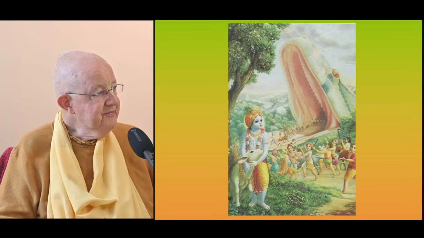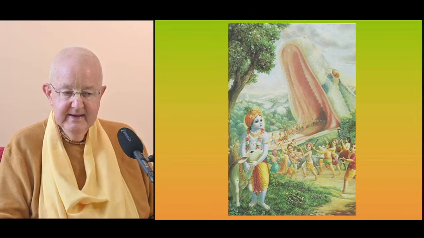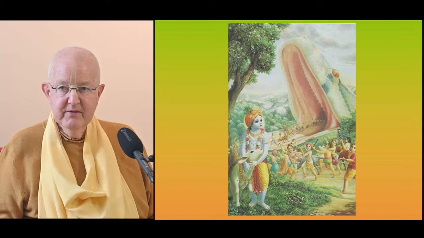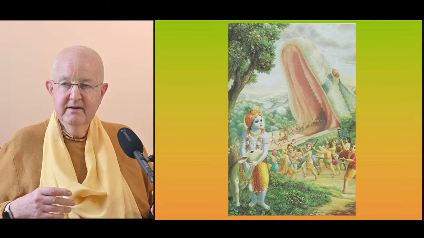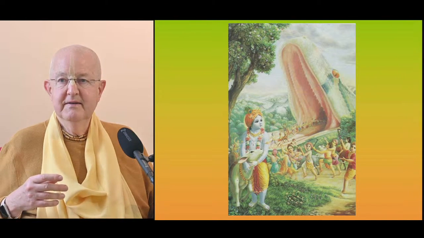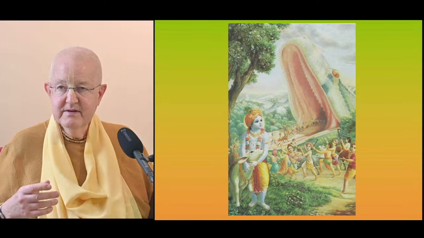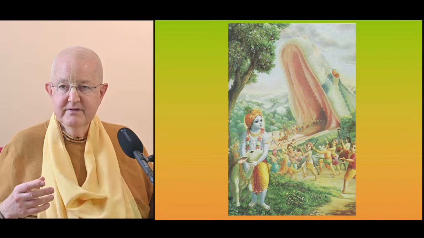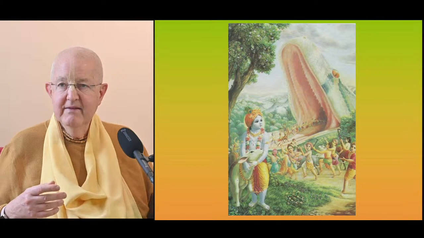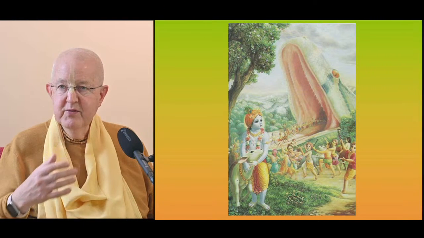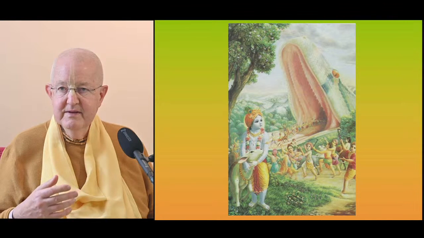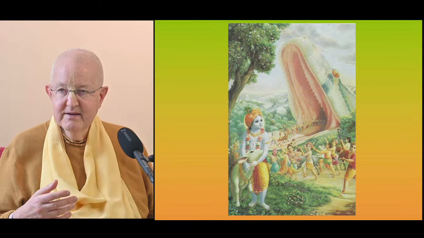And what Krishna does is he uses his mystic powers and becomes bigger and bigger and bigger. The body of the Agasura demon stretches bigger and bigger, but Krishna stretches more than he can. And eventually the movement of air, the life air within the serpent's body, is blocked.